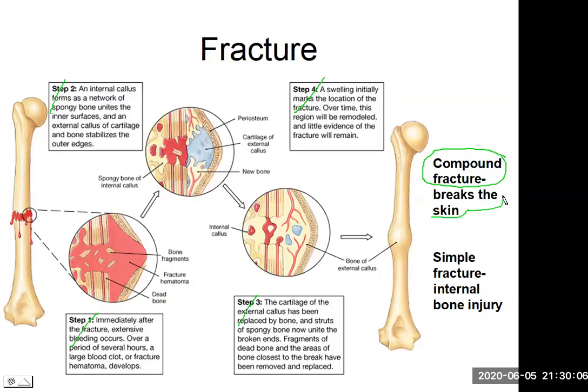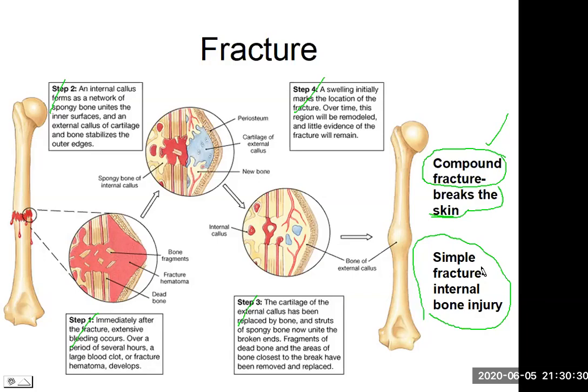So the bone has to break in some fashion to the point where it damages and tears through the skin. That's called a compound fracture. Whereas a simple fracture, the bone could break in any way, but there's no injury to our skin. A simple or a closed fracture is described as.